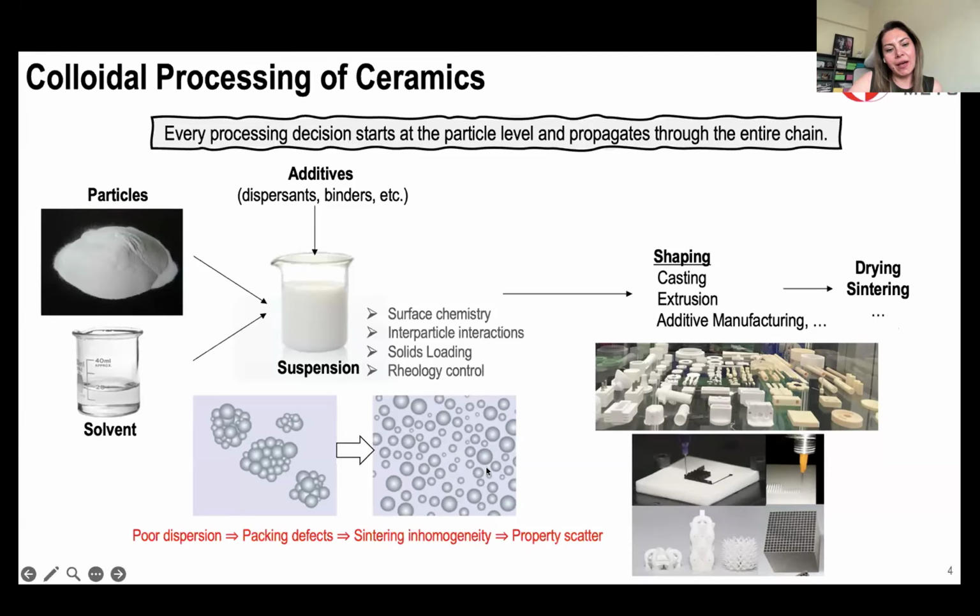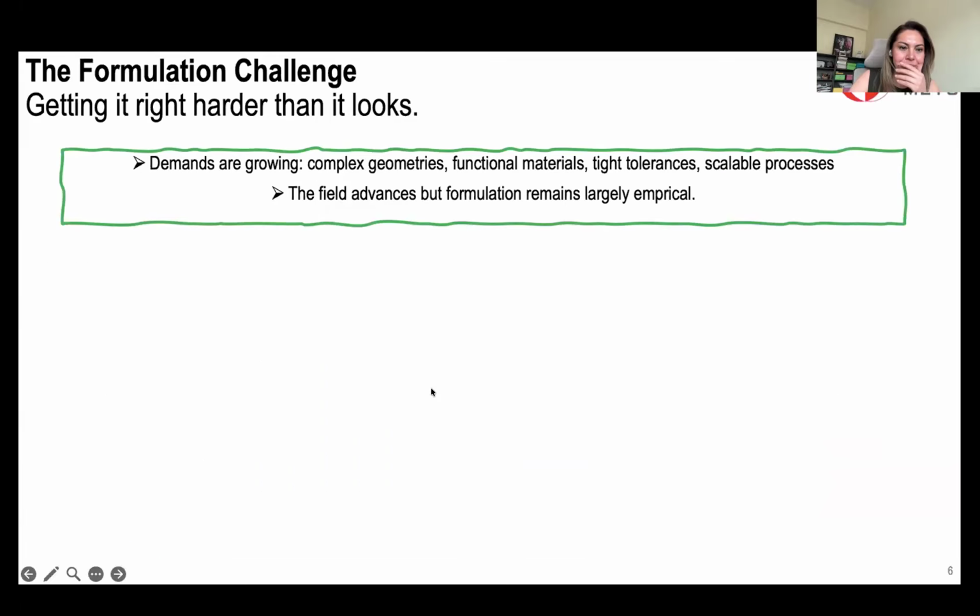And here we really need to have homogeneous dispersion of those particles, because otherwise we start to see defects in packing, and that leads to inhomogeneities in sintering, and then the properties in the end product will be scattered. So this is a long path, but I do really believe that at every single step, we need to understand and optimize the process. And obviously today I'm going to focus more on that colloidal processing part.